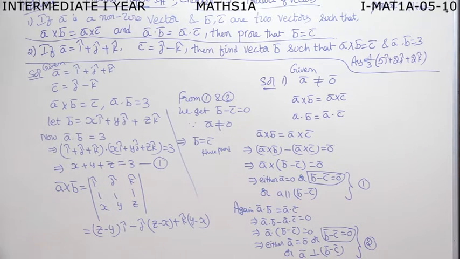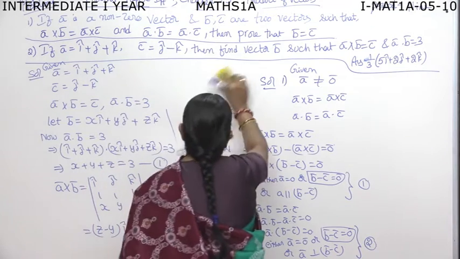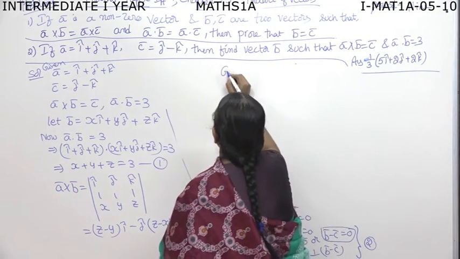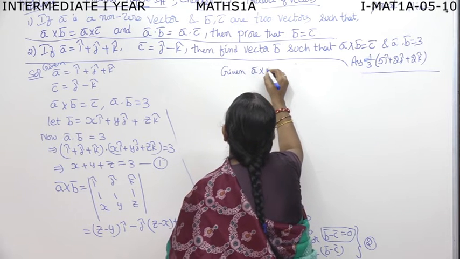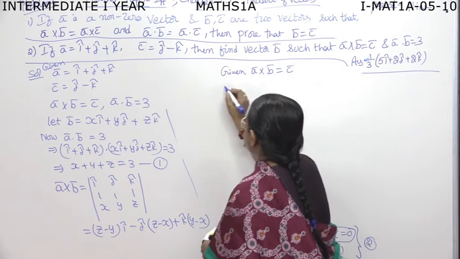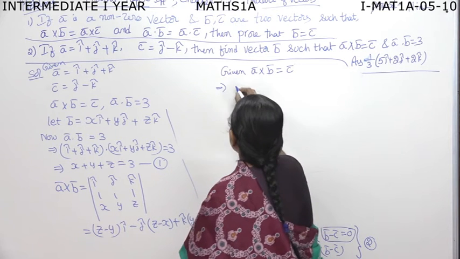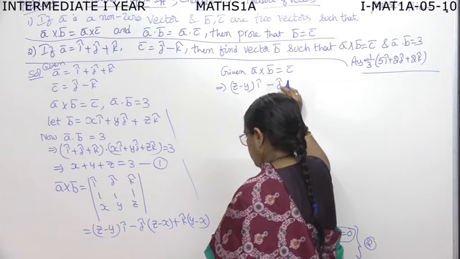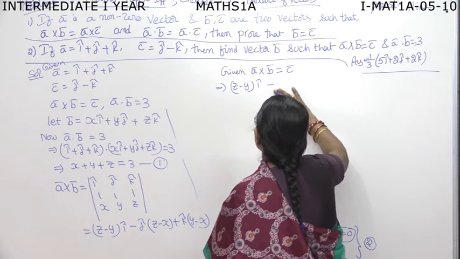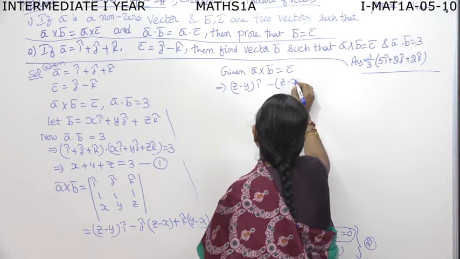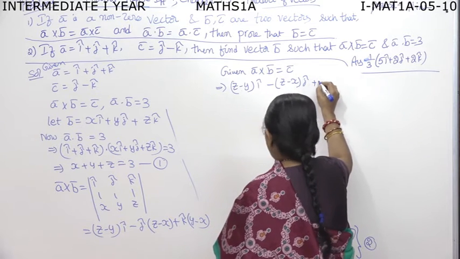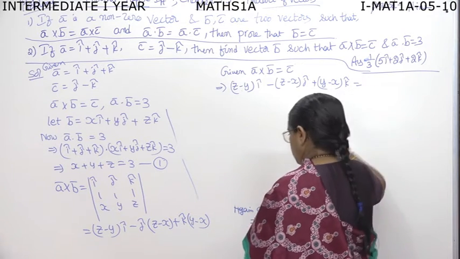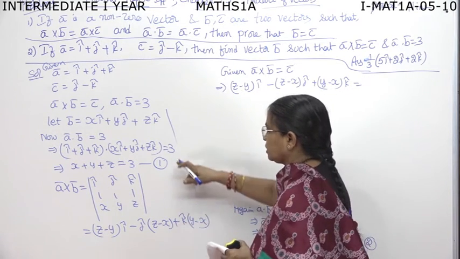Now what is given? You are given a cross b is equal to c vector. So what is a cross b? a cross b is this: (z minus y) into i minus (z minus x) into j plus (y minus x) into k, equal to c.